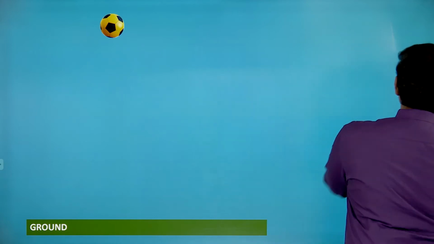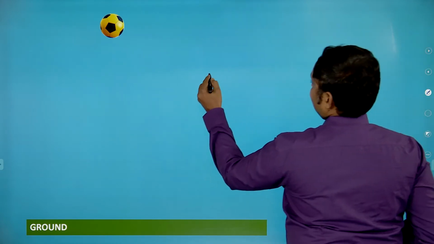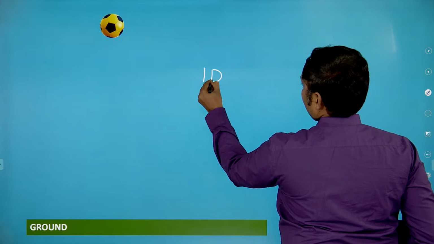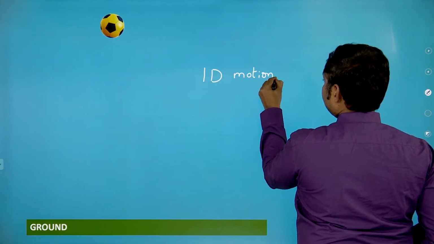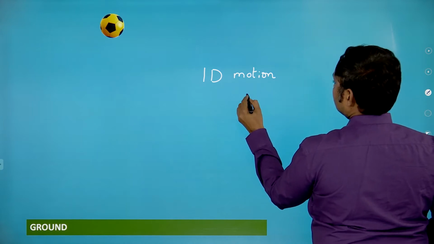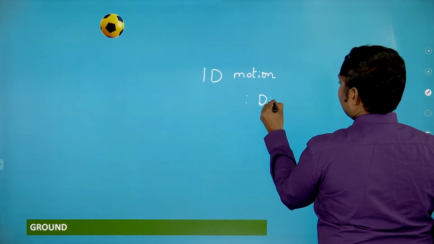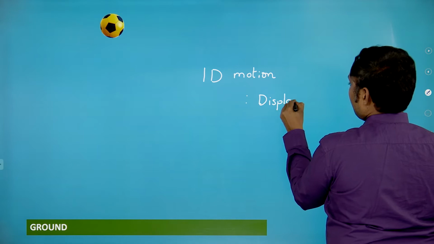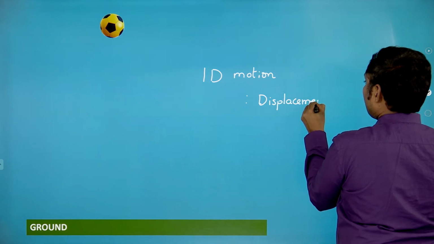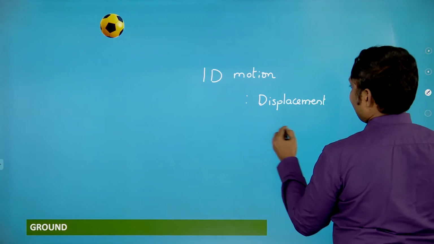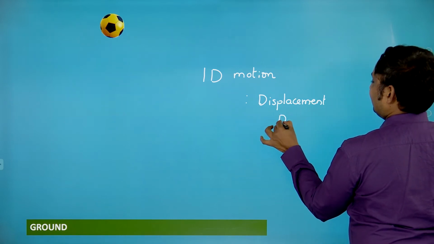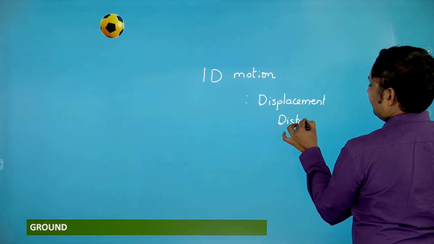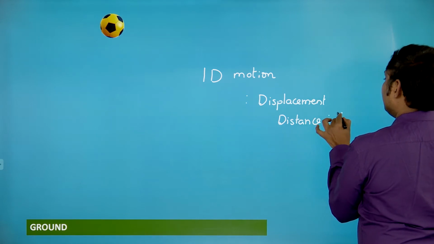So in case of 1D motion, displacement and distance covered both are going to be the same.